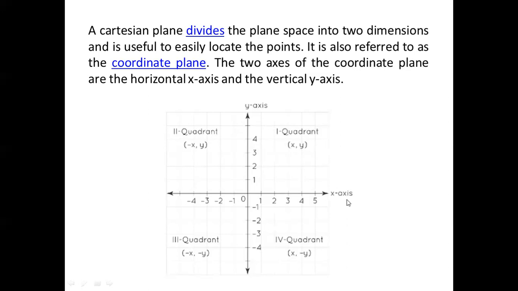In the first quadrant, the x and y values are both positive. In the second quadrant, x is negative and y is positive. In the third quadrant, both x and y are negative, and in the fourth quadrant, x is positive and y is negative.